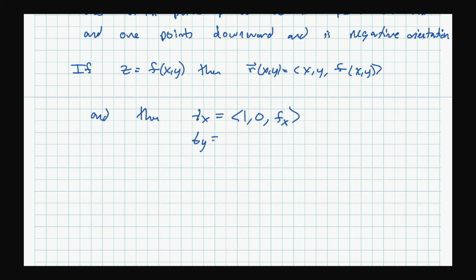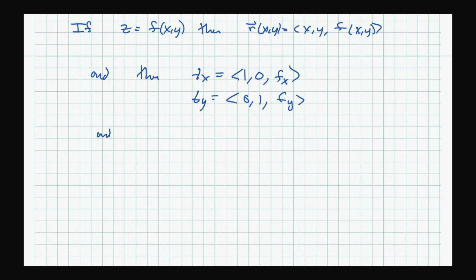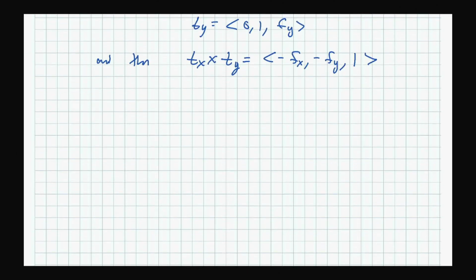Your ty could be 0, 1, and then the partial with respect to y. And then tx cross ty is going to be negative fx, negative fy, 1. So it's always going to be this in the case where z equals f of x y. Otherwise, then you're going to do this.